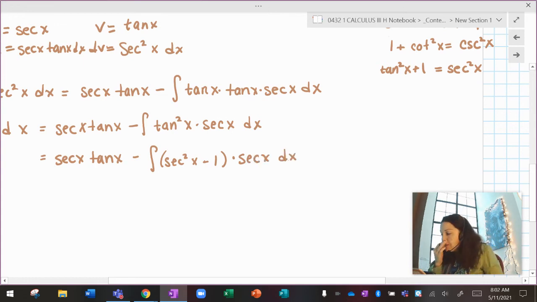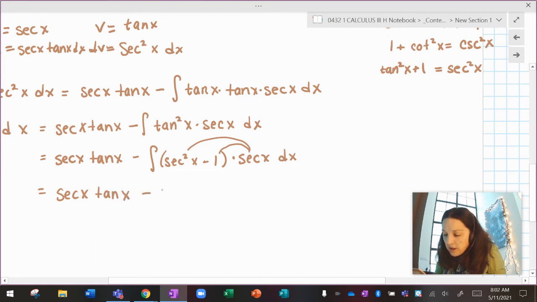And how does that help me? Well, I can distribute this and now I have secant x tangent x minus the integral of secant cubed x minus secant x dx.